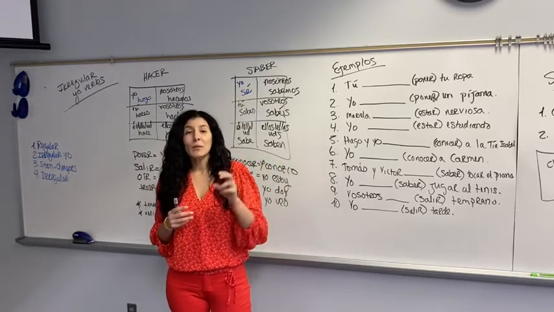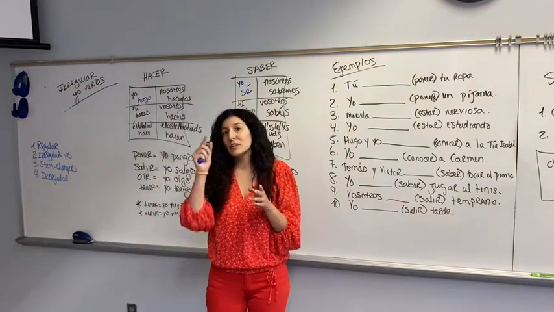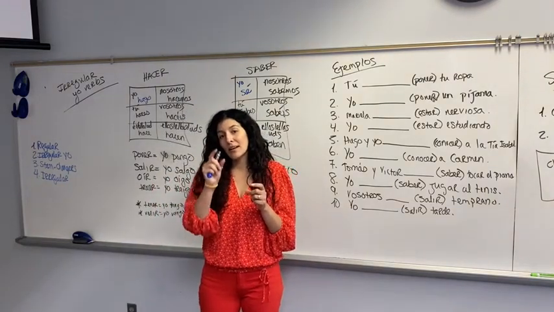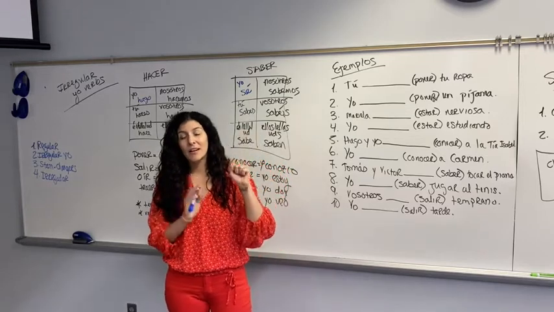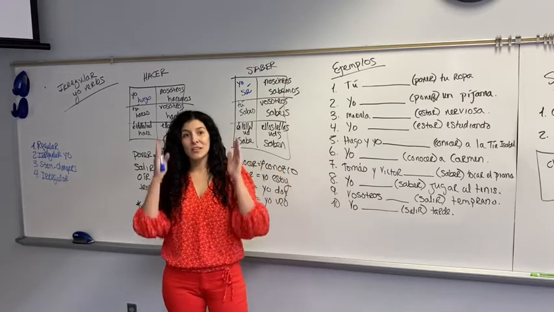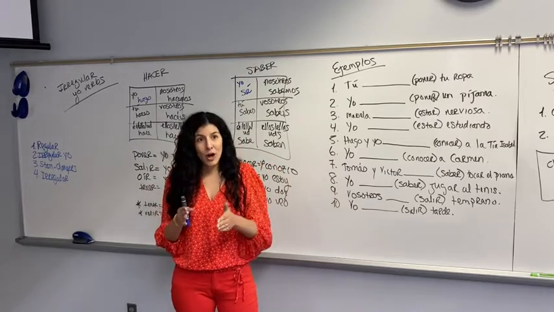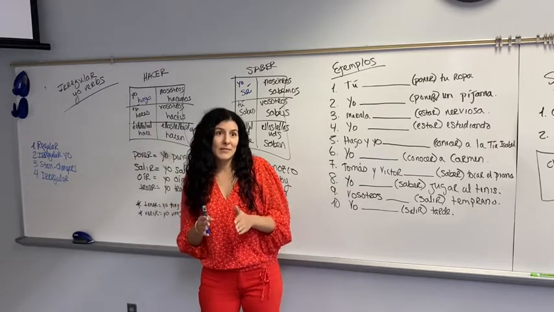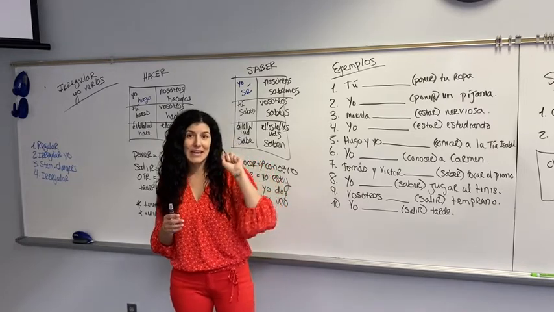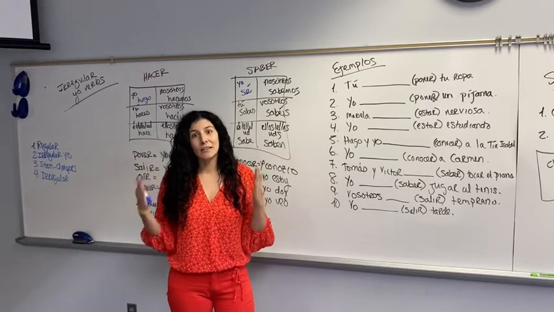So whenever we are taking off that ending and putting something on, but we don't alter the words that come before it, we just take off the AR and we add on something new, what we're saying is that stem is regular because we have not altered the stem of the verb at all. Instead, what we have done is just take off the ending and put on a present tense ending. So that is a regular stem.